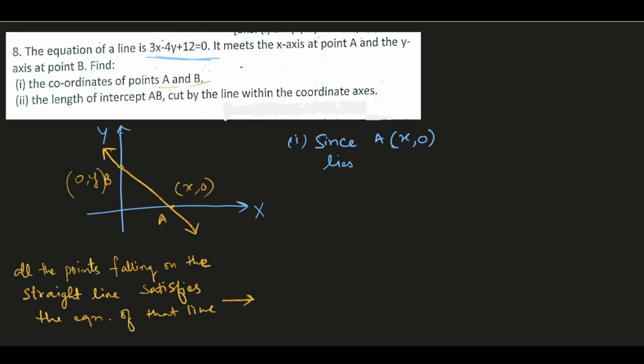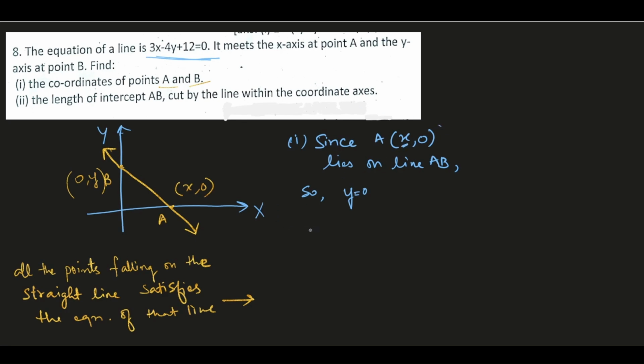Since A, that is x comma 0, lies on line AB, y is equal to 0 and the value of x will be taken as x only.